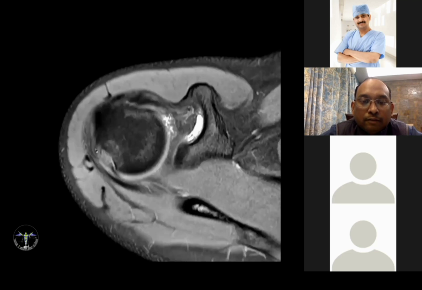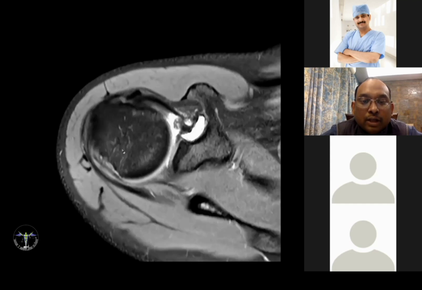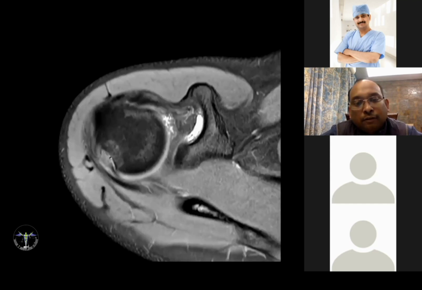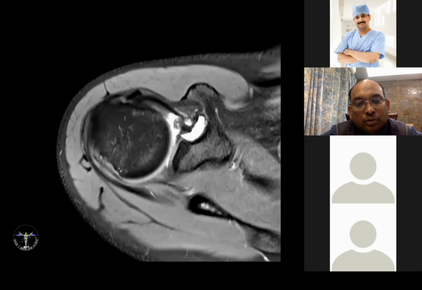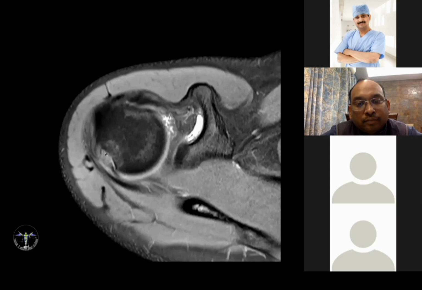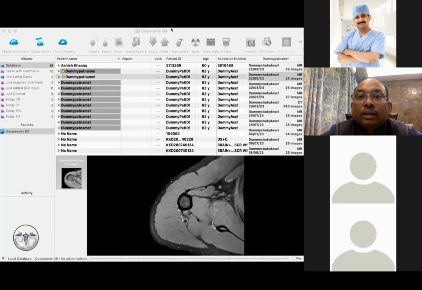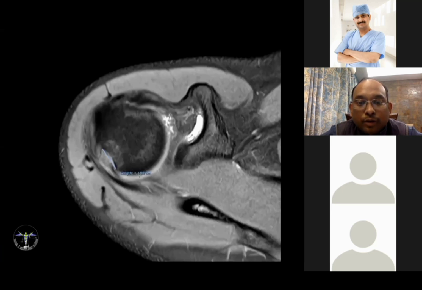For this last case, I will try to do the calculation over here, and then we can decide whether this is an engaging or a non-engaging type. The largest defect in the Hill-Sachs is lengthwise, I suppose here. So we have to take the length. It is around 1.2 centimeters.